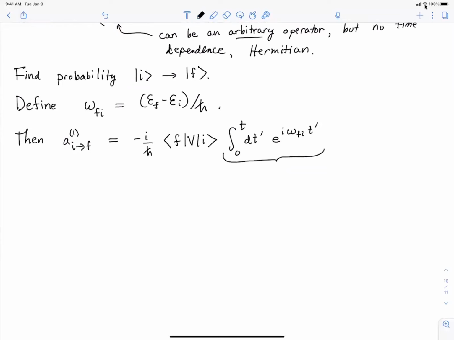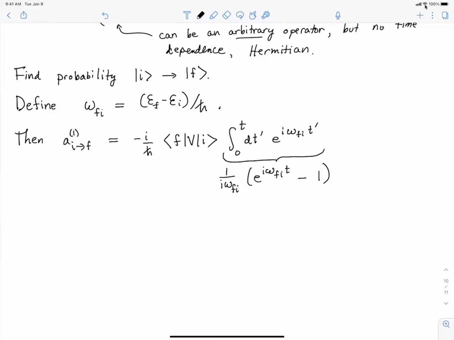So when we evaluate this, this is 1 over i times omega, times e to the i omega t from the upper limit of integration, minus 1 from the lower limit of integration.